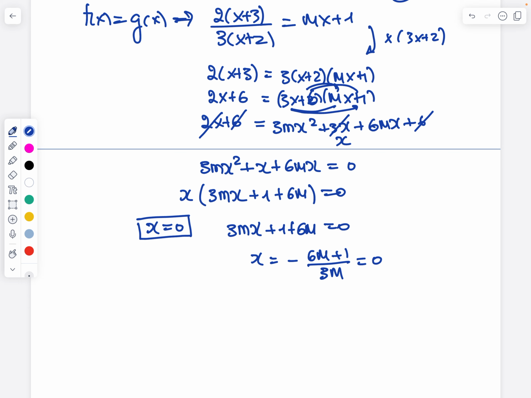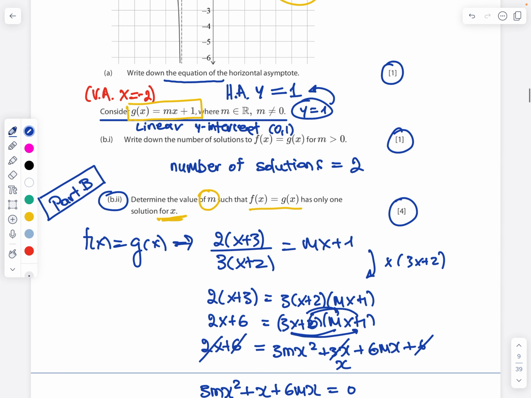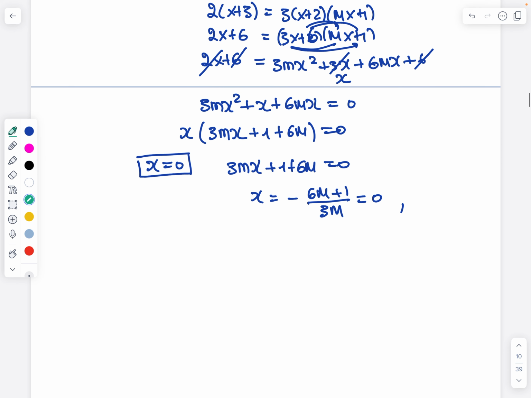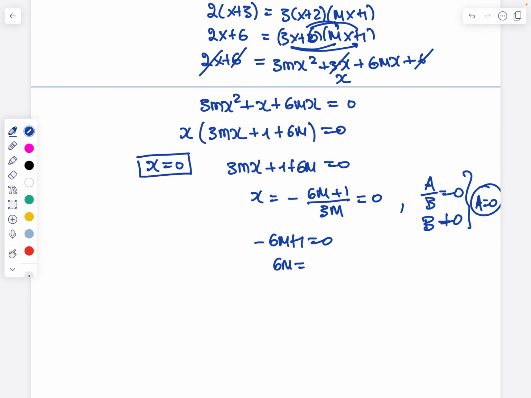And from the question above, we know that m cannot be equal to 0. So what we're going to end up with is that a over b is equal to 0, with b not 0, so the only conclusion is that a is equal to 0. That's the logic here. So we have minus 6m plus 1 is equal to 0. That means 6m is equal to 1, or m is equal to 1/6.